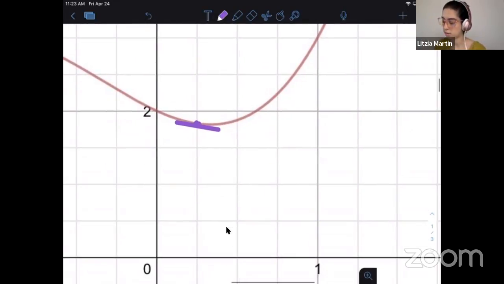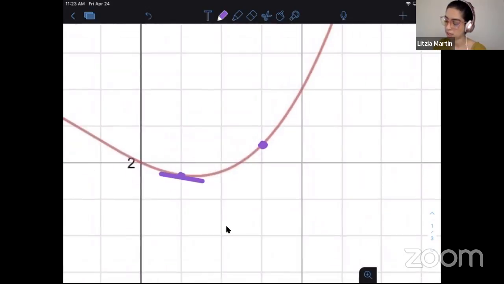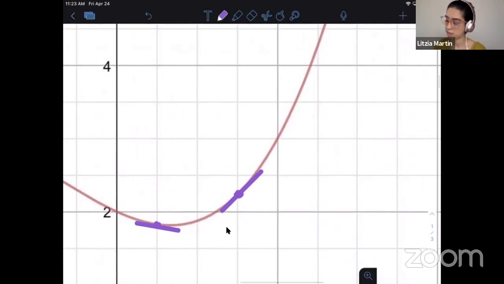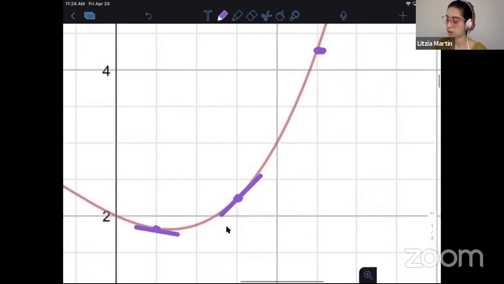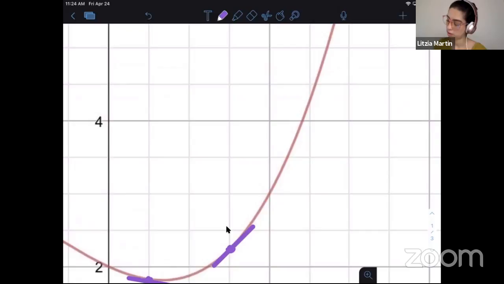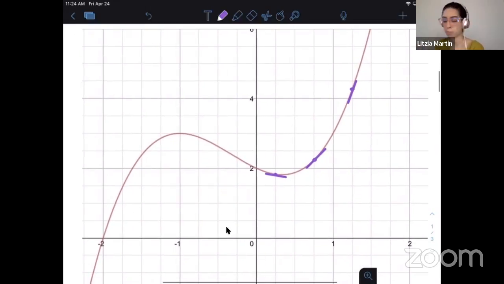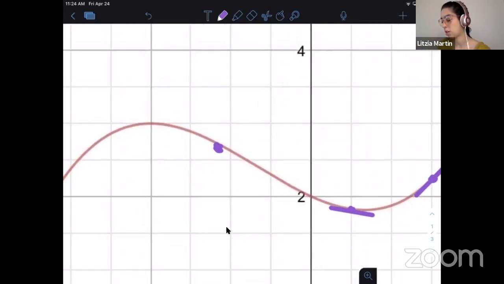And then maybe I'll skip a next value, jump here. And there's another tangent line. And then maybe let's do one here. That's our next tangent line. I'm picking specific x values, but we can pick any random x value and draw a tangent line, just a little line segment.